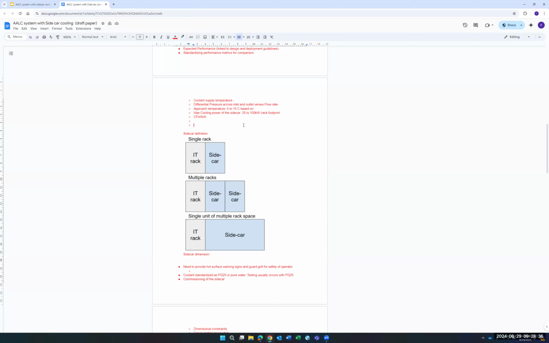You're saying 10 degrees approach can do 60 to 70. 40 to 70, yeah. So then the 15 can do close to 100.